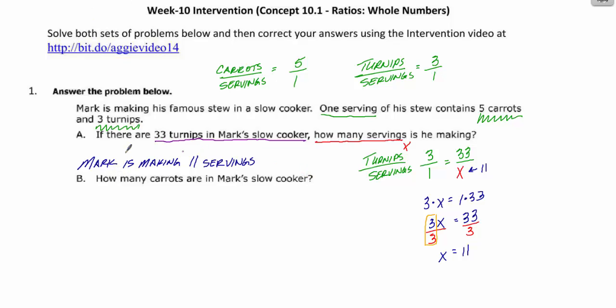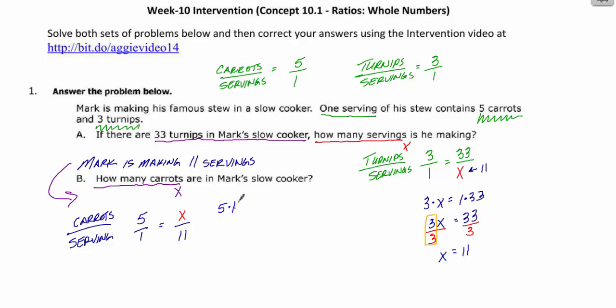Okay, so if Mark's making 11 servings, now we're on to question B, how many carrots in the slow cooker? That's for these 11 servings. For 11 servings, how many carrots? That becomes the X. So here's what we know. In one serving, the number of carrots is 5. We now know that there are 11 servings. How many carrots will there be? So we can do the same cross multiplication.